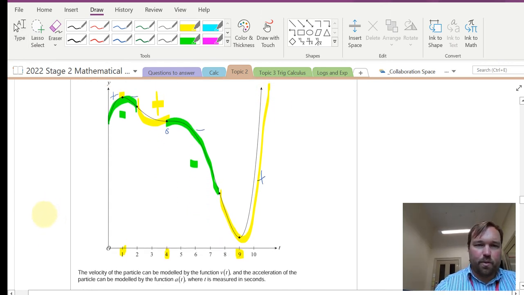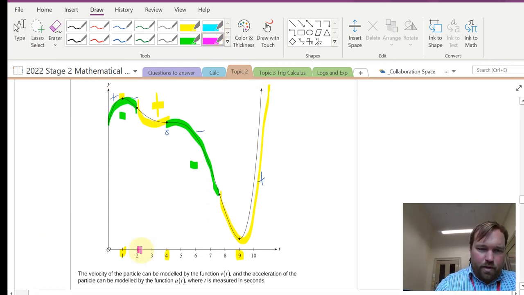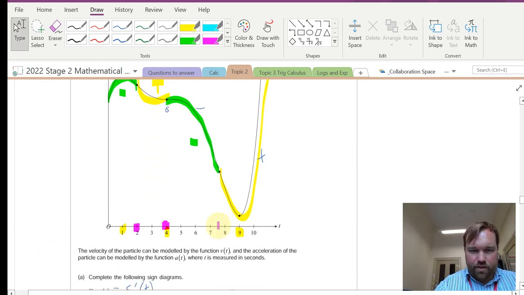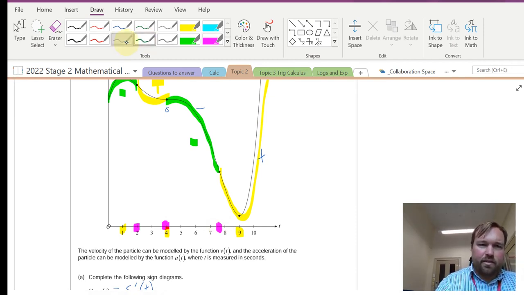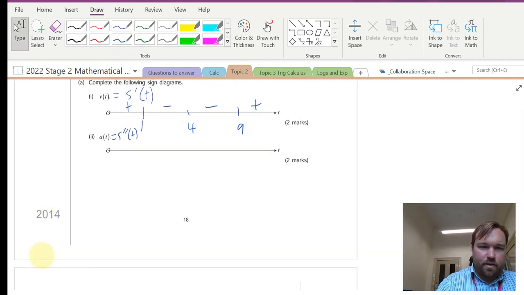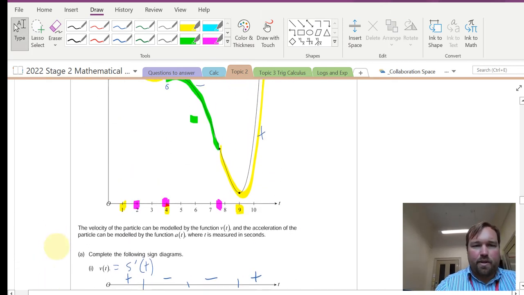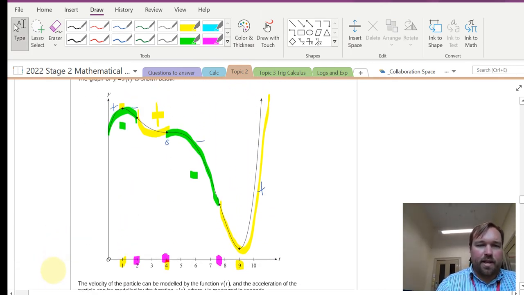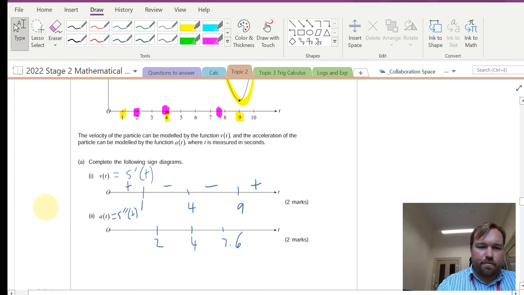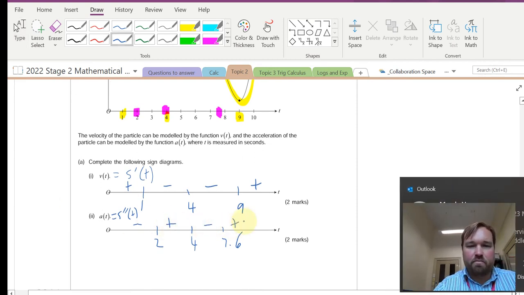So the key points we're interested in, I'll do in purple, are 2, 4, 7.6. And the values we're looking at here are negative, positive, negative, positive.